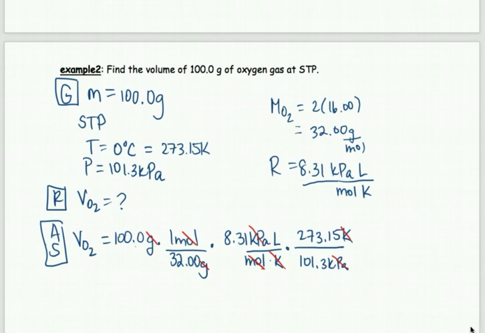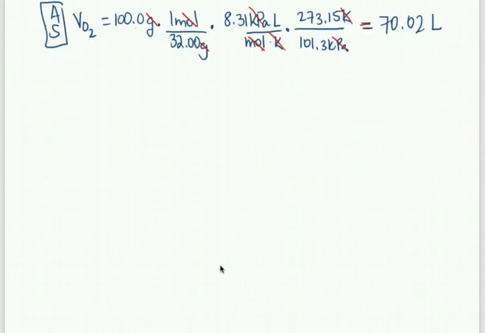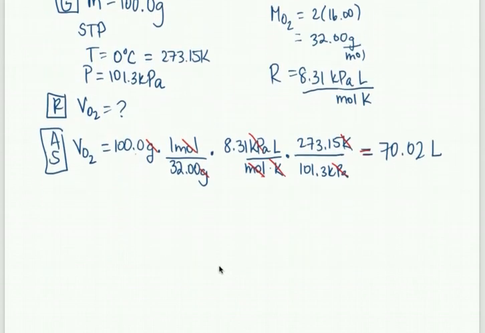So 100 times 8.31 times 273.15 divided by 32 times 101.3 at the bottom, and we get 70.02 liters, which is what we had from the previous question. So there is the unit analysis of example 2. The nice thing is, look, a lot less work than what you saw with the formula method.